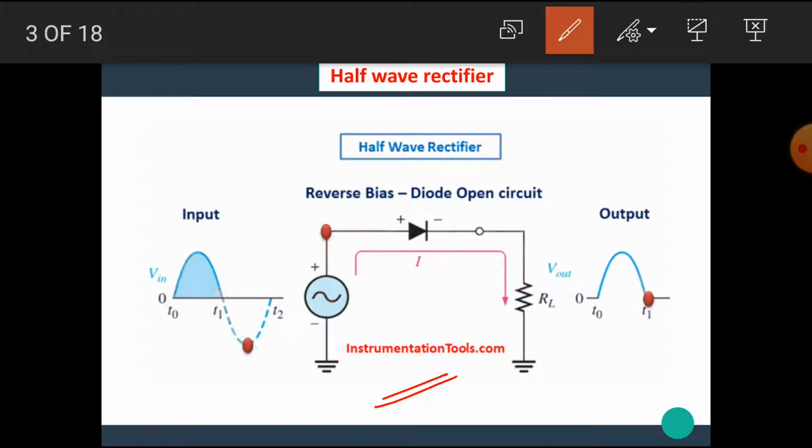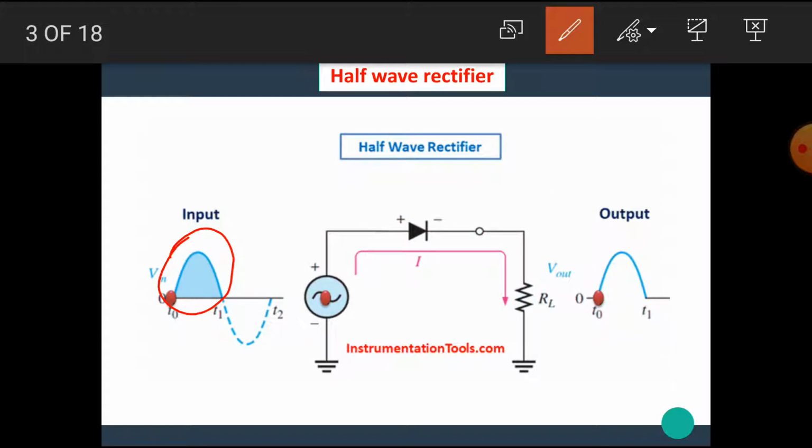Let's see here the animation of the half wave rectifier, in which we can see that when the diode is forward biased, or during the positive half cycle, the current flows. This dot represents the AC current. The diode is forward biased and hence it supplies the load.